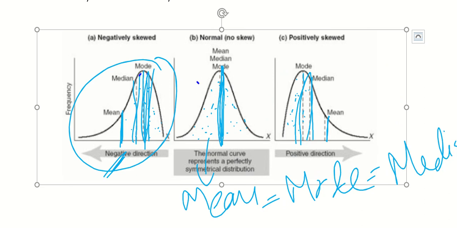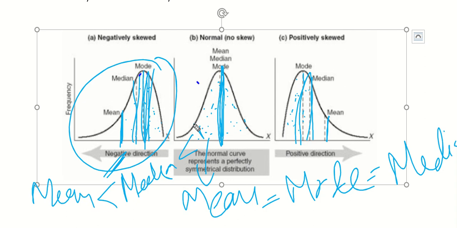But in case of negatively or positively skewed data, mean, median, and mode would not be the same, right? So it's like mean is less than median is less than mode.